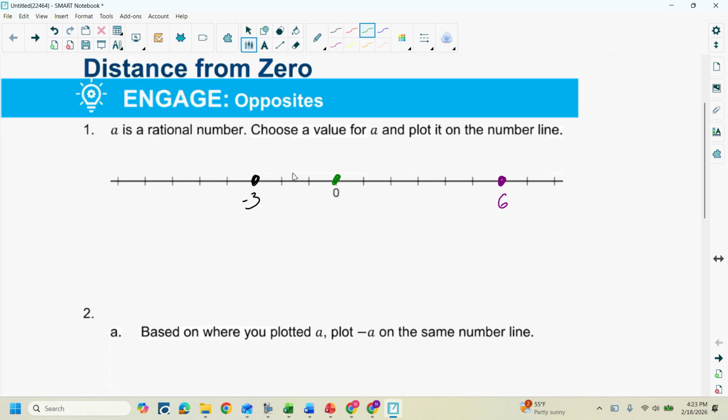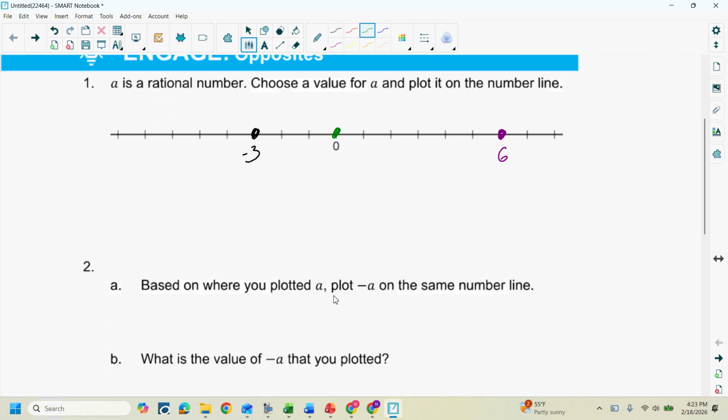So now, based on where you plotted A, plot -A on the same number line. Well, that just means -1 times A. So if A is -3, -A is -1 times -3, which is 3. So 1, 2, 3, boing.